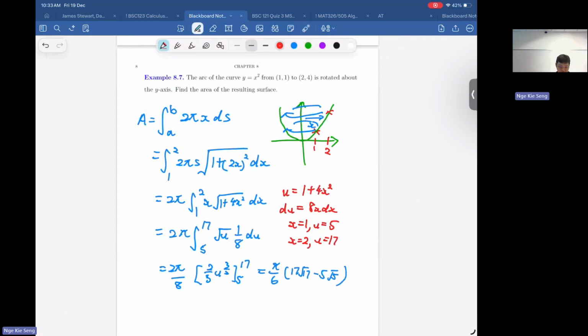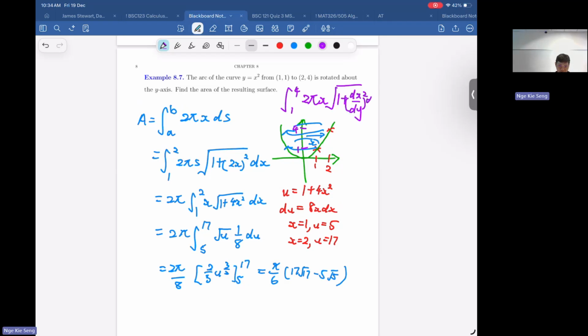So instead of doing this integral, you consider the y direction. Let's say, because here is 1, here is 4, right? So you're going to integrate from 1 to 4. And then again it's 2 pi x, but you will use the square root of 1 plus (dx over dy) squared.